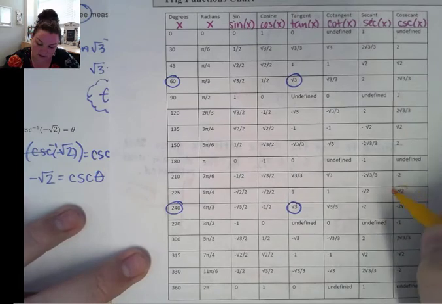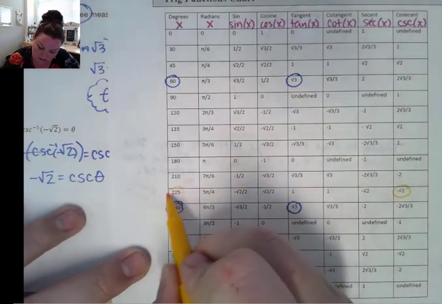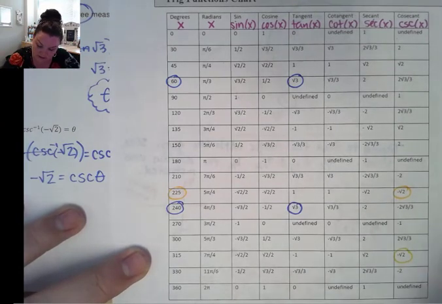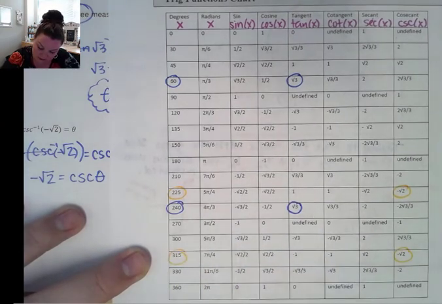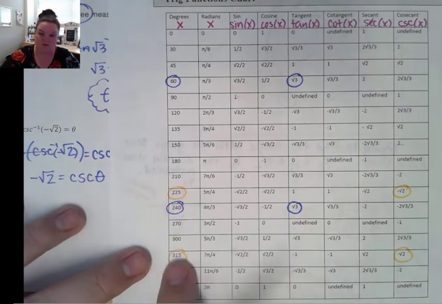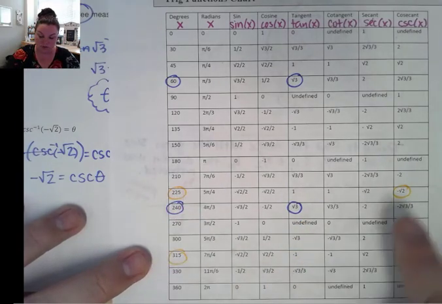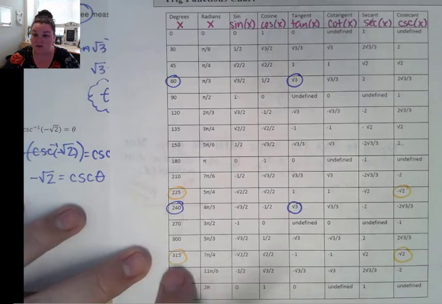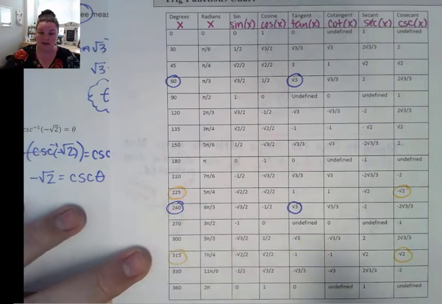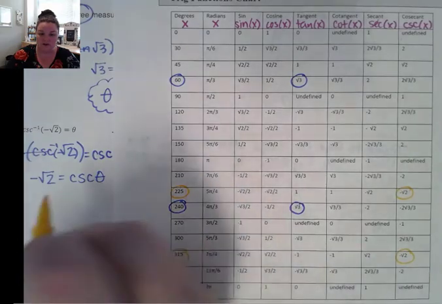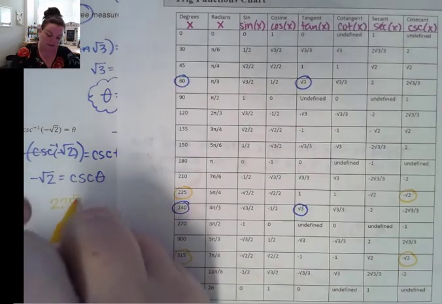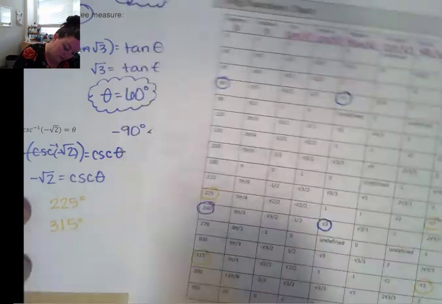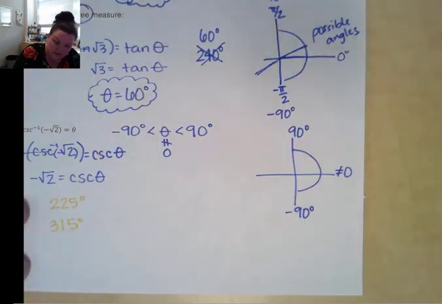So I have this one, which is at 225 degrees, and I have this one, which is at 315 degrees. So there's two angle measures that give me a cosecant value of negative square root of 2, and that's 225 degrees and 315 degrees. So it's either 225 degrees or it's 315 degrees.